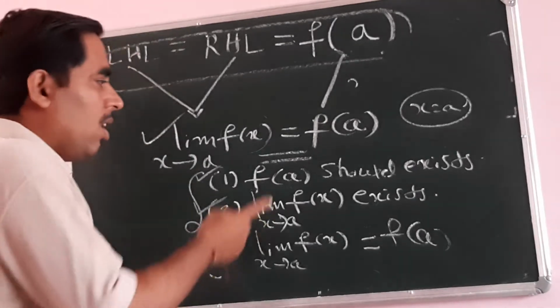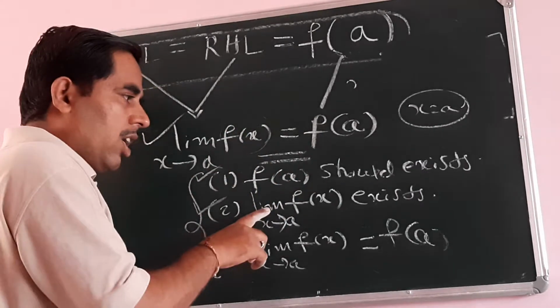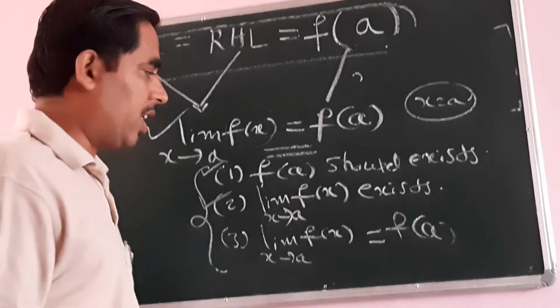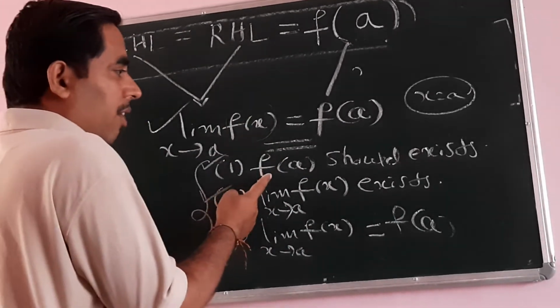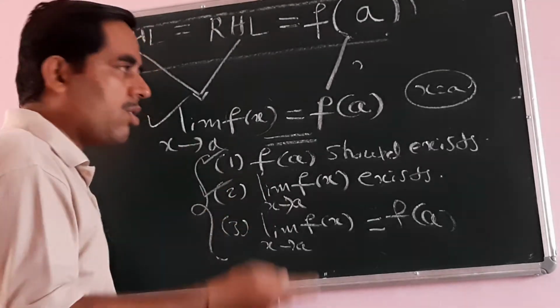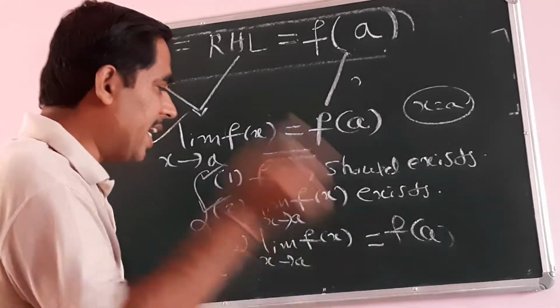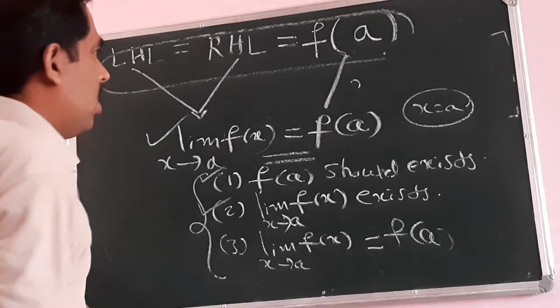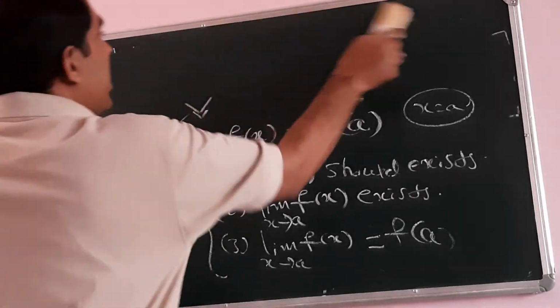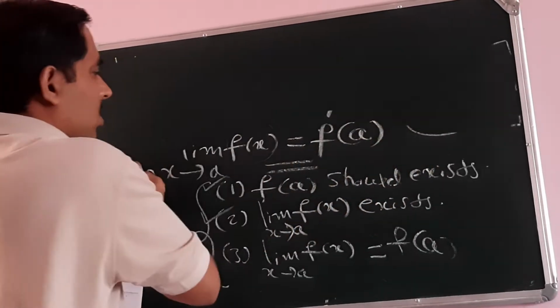That means f of a exists, the limit exists, but the limit of f of x is not equal to f of a, then the function is discontinuous. In another case, f of a exists, but the limit may not exist, then in such cases also the function is discontinuous. So in this way we can define the continuity of a function.